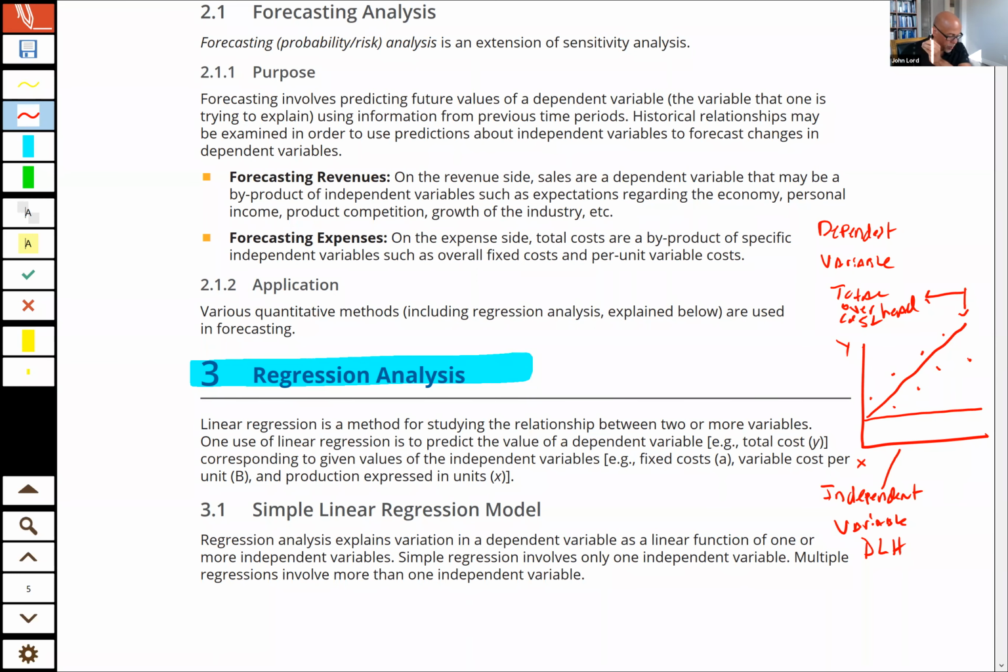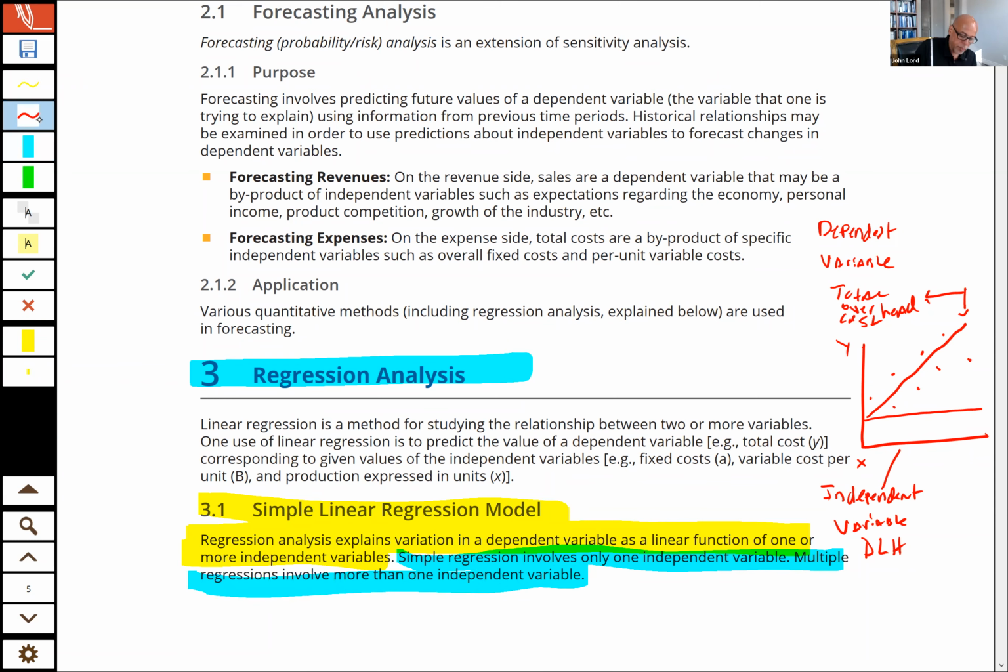Okay, but the whole point of regression analysis is it's going to allow me to at least know whether or not this cost relationship, independent variable direct labor hours to total overhead, is a reasonably linear type of model. Okay, so simple regression analysis has one independent variable, one dependent variable, whereas a more complex version of linear regression would have several.